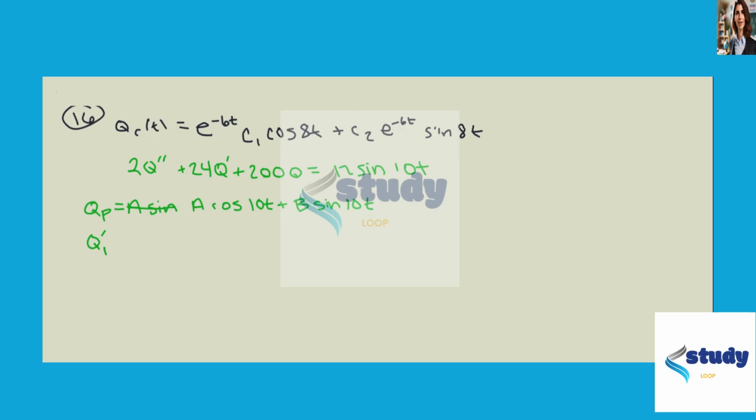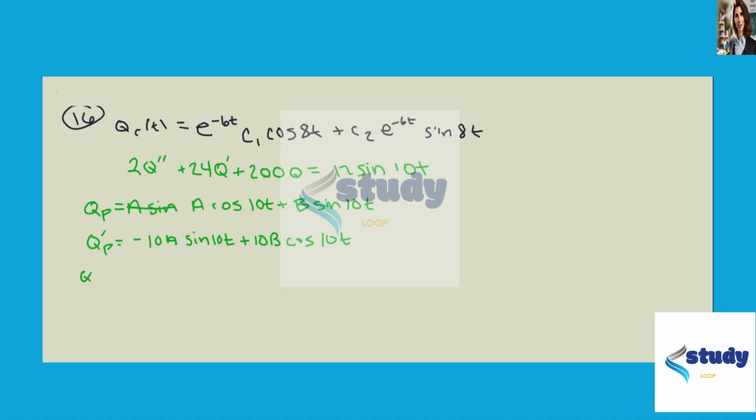Now my Q prime is going to equal, using the chain rule, negative 10A sine 10t plus 10B cosine 10t.